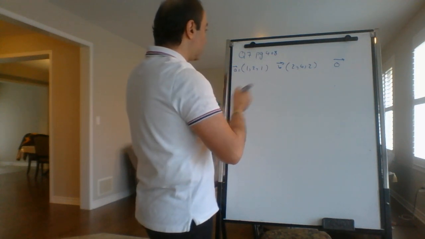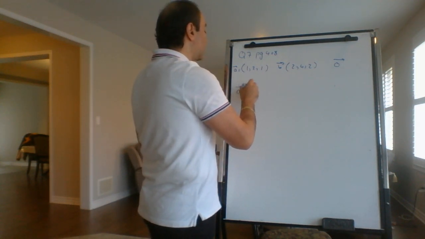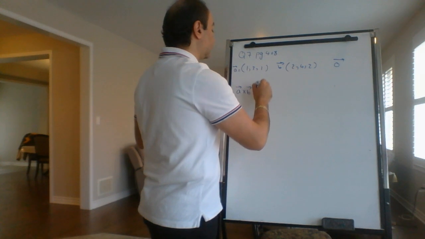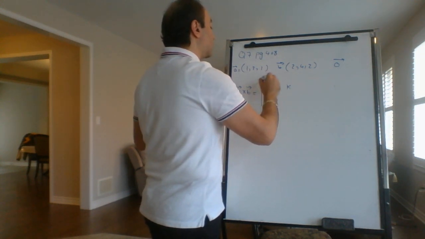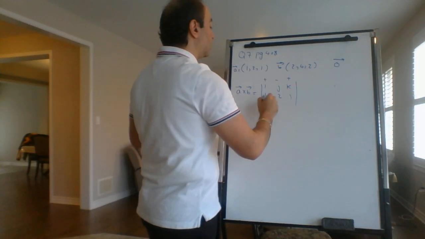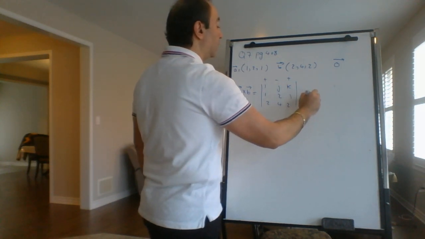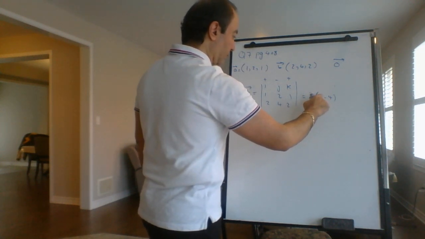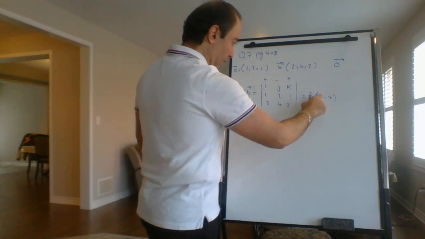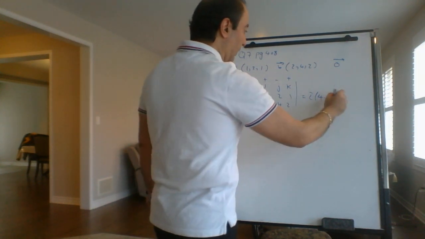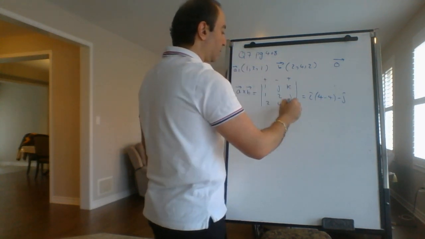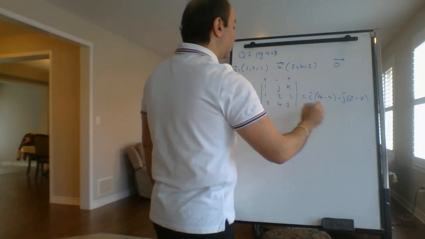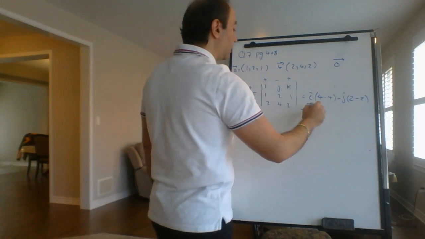So if you want to do A cross product B the way we did it yesterday, you will end up with 0, 0, 0. So i, j, k, plus, minus, plus, 1, 2, 1, 2, 4, 2. If you do i, and minus j, this and this are gone, so 1 times 2 is 2 minus 2, plus k times this and this are gone, 4 minus 4.